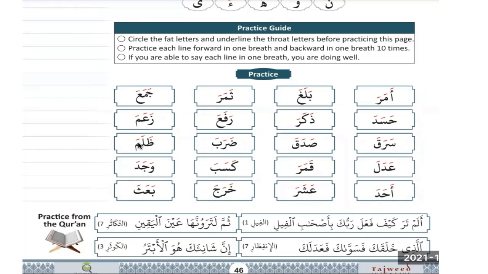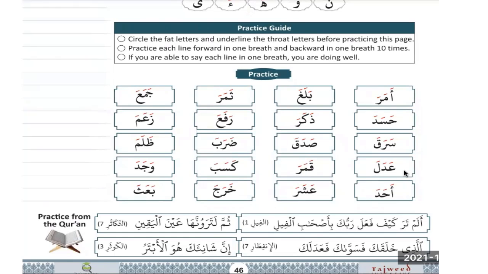Zalama. Okay, then again, ain. You should remember we are using the middle of the throat. Ada'la. See, the 3 letters are all light letters. None of them belongs to the fat family, right?